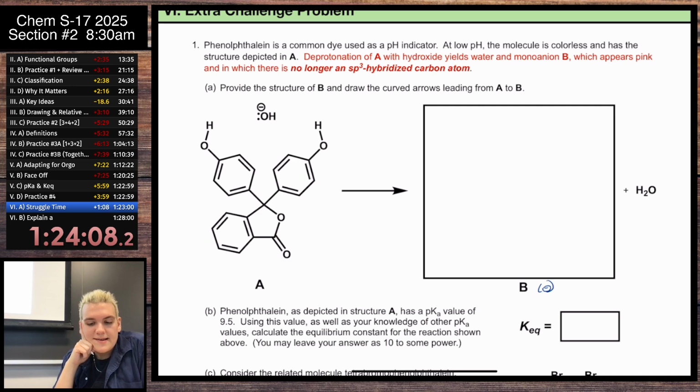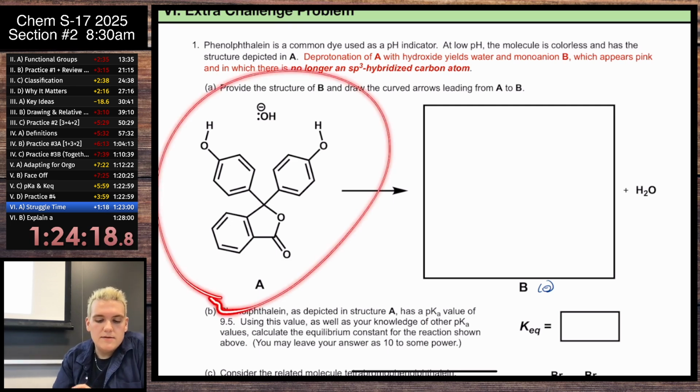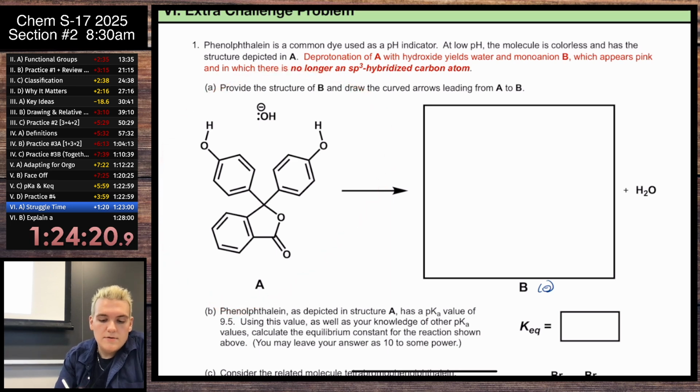It also says that the structure of B no longer has an sp3 hybridized carbon atom. In this molecule, where's our sp3 hybridized carbon? The middle.